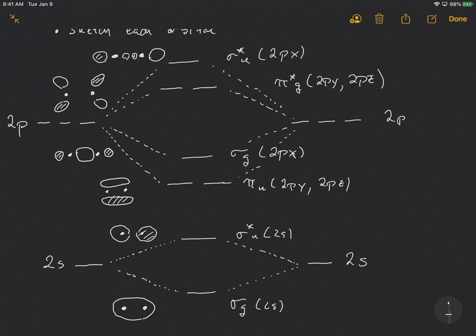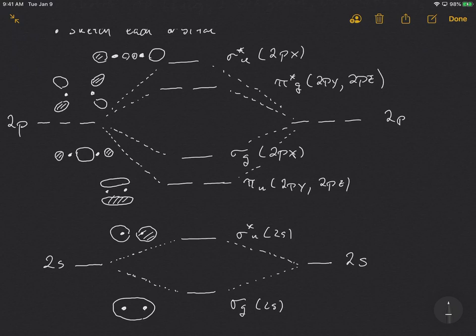Then above those, the pi u and the sigma g, we have pi star g and sigma star u. I believe sigma star u is always the highest energy orbital for 2p states. The pi star is also antibonding, but at a little bit lower energy.